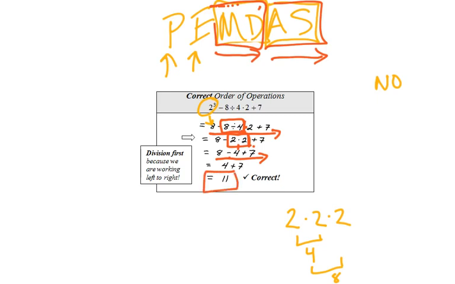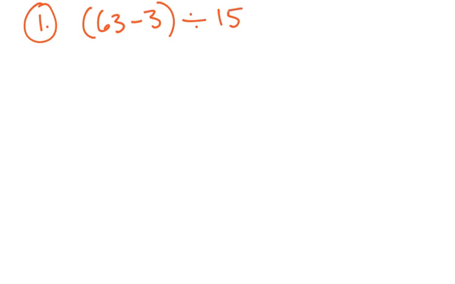Let's look at a problem from our worksheet. Let's look at number 1. We have 63 minus 3 divided by 15 plus 2 to the second power.